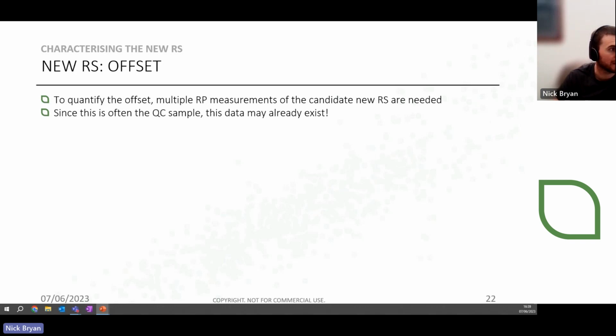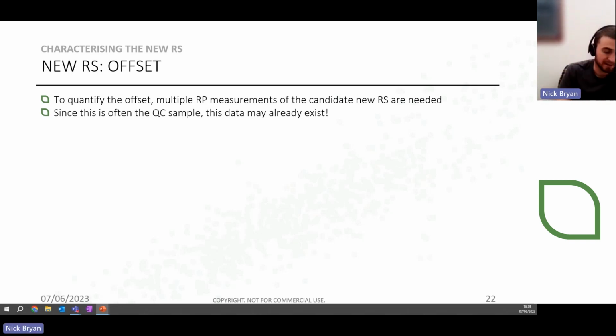And in some cases, the QC sample people are using in their assay is actually also what's being lined up as their next working standard or their next reference standard to replace their primary reference. So you might already have this data. We're going to take a look at this example where we do have that.